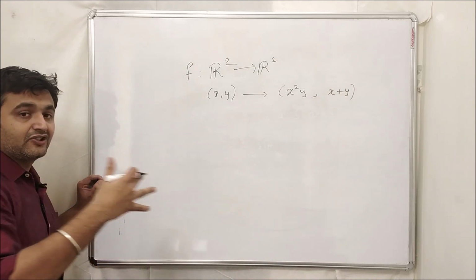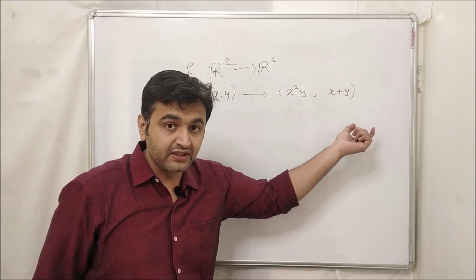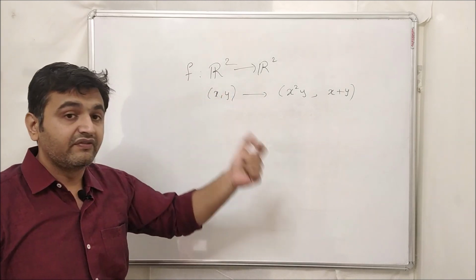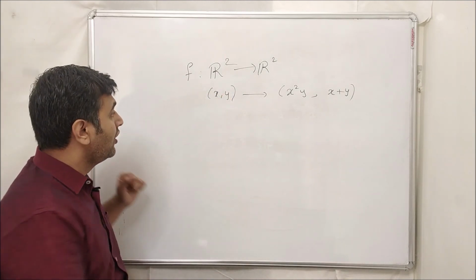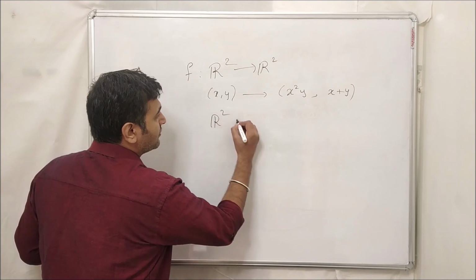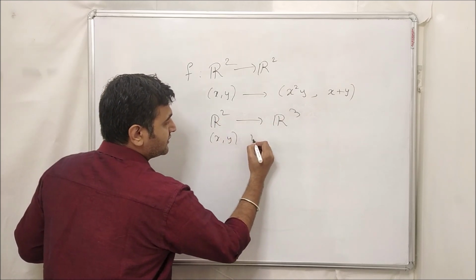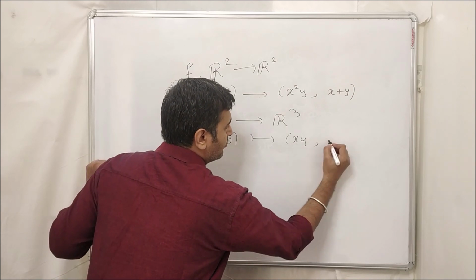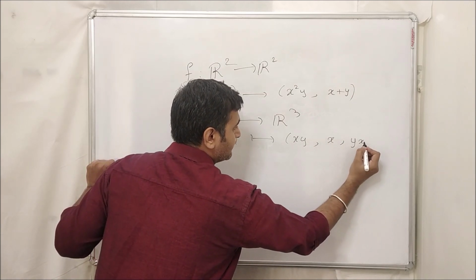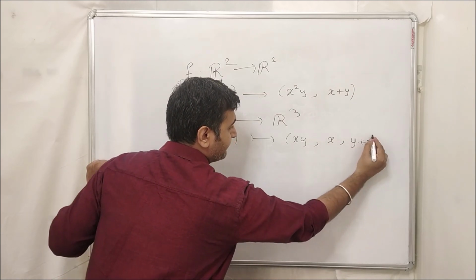As you can see, your output is a vector, something comma something. Therefore this f is a vector valued function. Or suppose f is from R2 to R3, where x comma y goes to xy comma x comma y plus x, x plus y plus x.